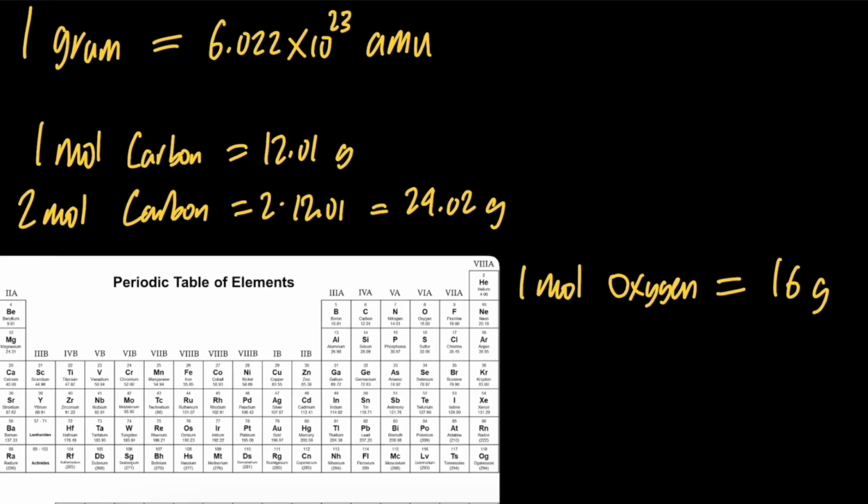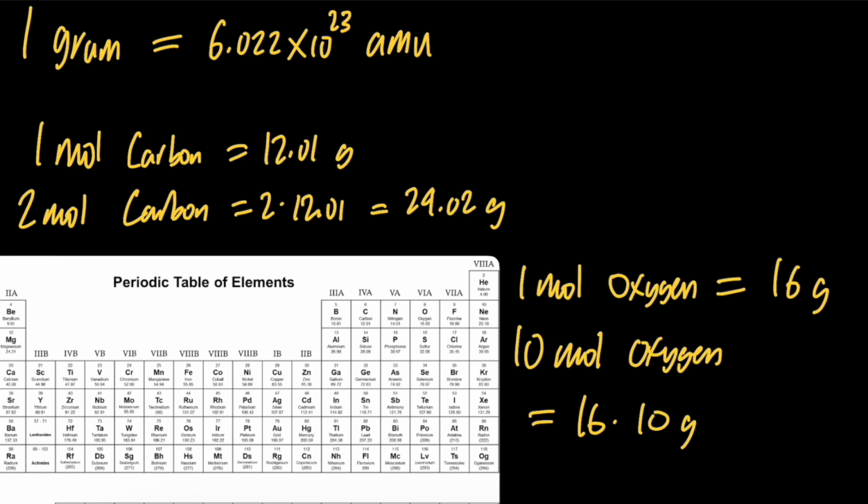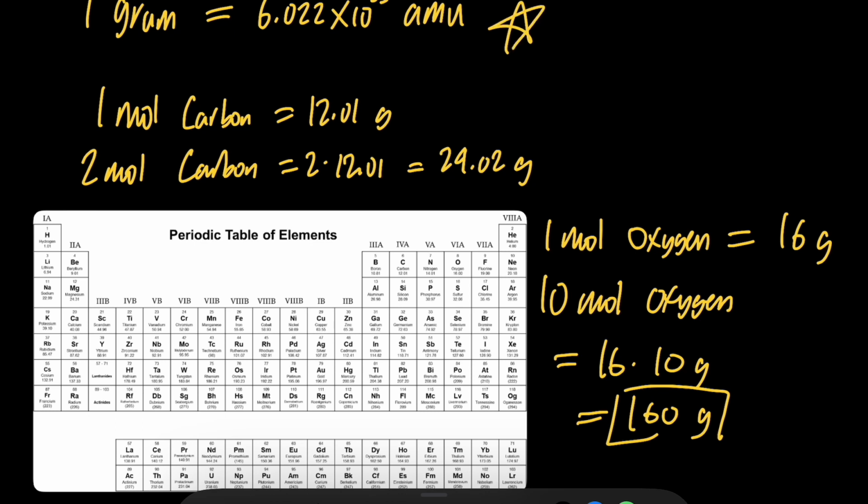So if we have 10 moles of oxygen, or 10 times 6.022 times 10 to the 23 atoms of oxygen, that would be 16 times 10 grams, or 160 grams. So all you have to remember is that there is a direct conversion between moles and grams on the periodic table.